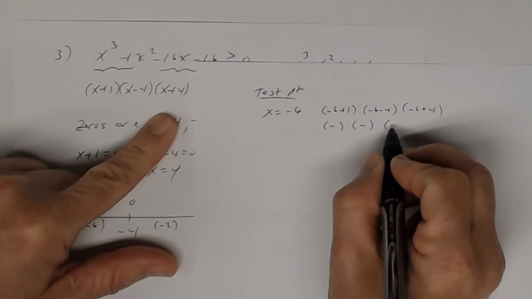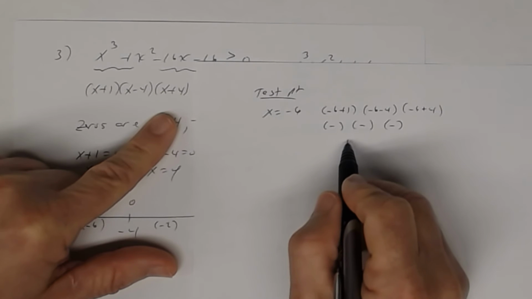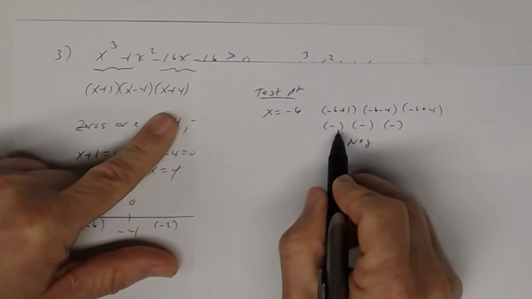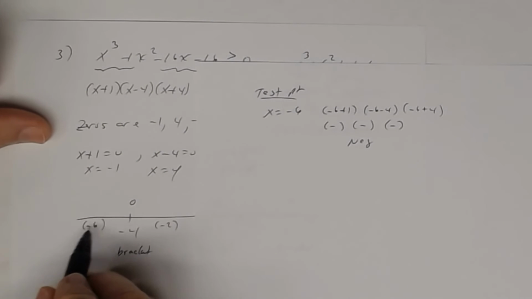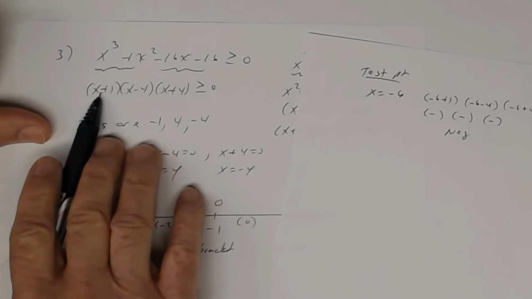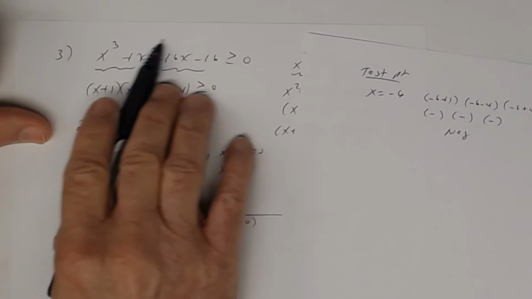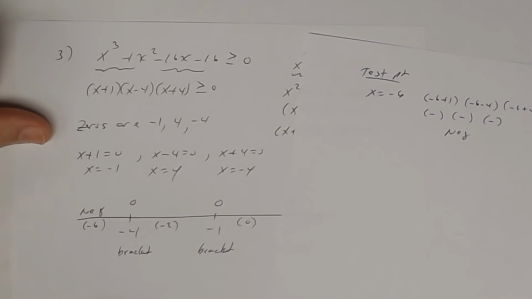And negative 6 plus 4 is negative 2, that's negative. A negative times a negative times a negative is a negative: a negative times a negative is a positive, and a positive times a negative is a negative. So no matter which test point I use in this interval, it's going to make this negative. They're both equivalent.